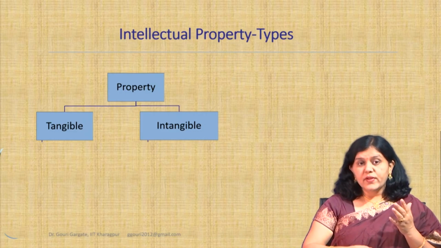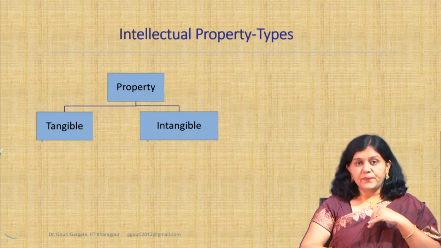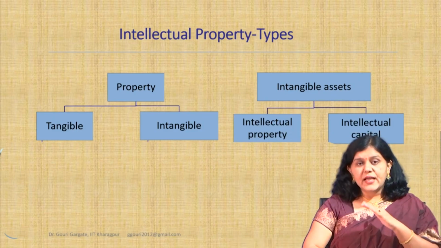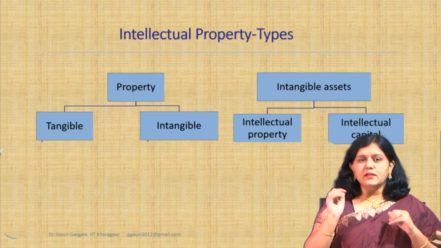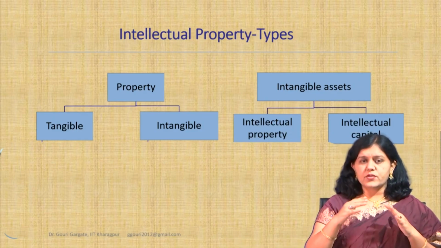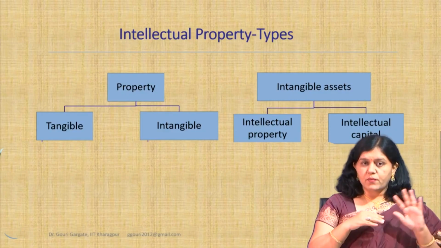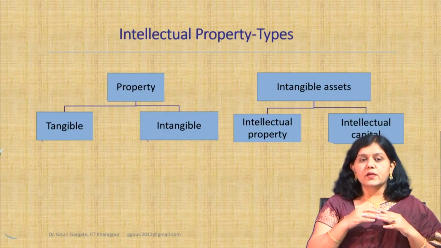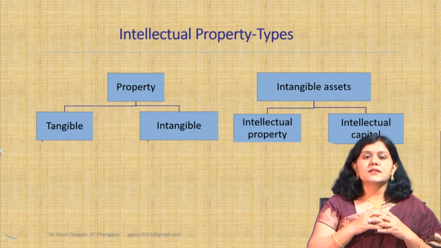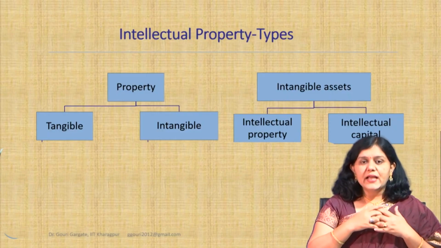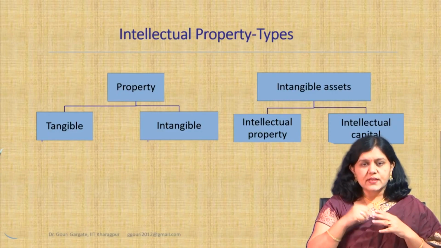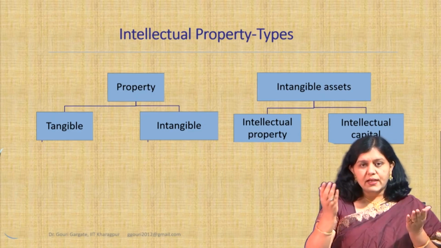Now, moving further, there are the intangible assets, that is another terminology, a parallel or different terminology. Property, and then here we are talking about intangible assets. Now, when we say intangible assets, two words are there, intangible and assets.